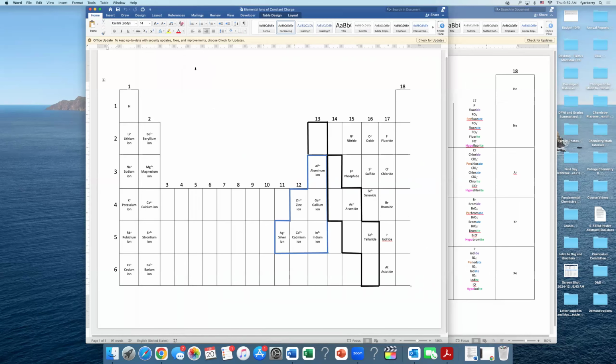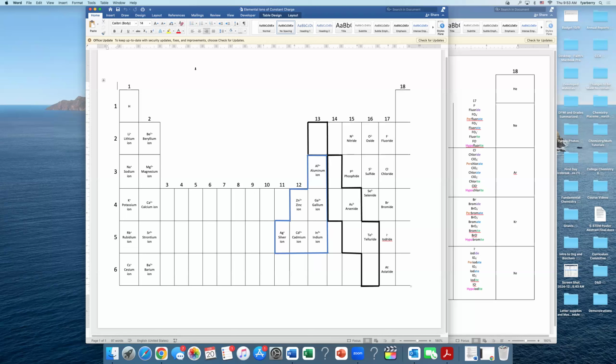Now, those group 1 metals, group 2 metals, and the stair step, those are the ones that always form that particular charge when they make an ionic compound.